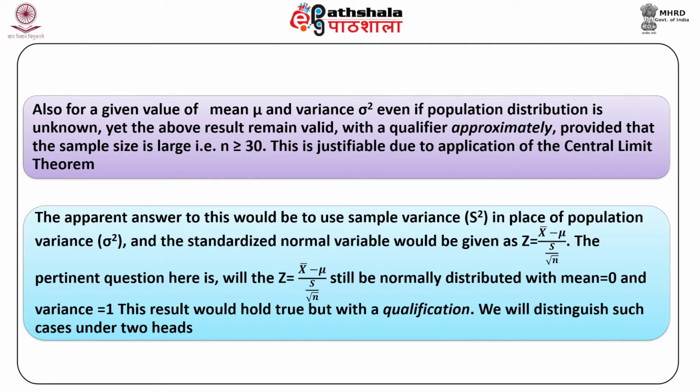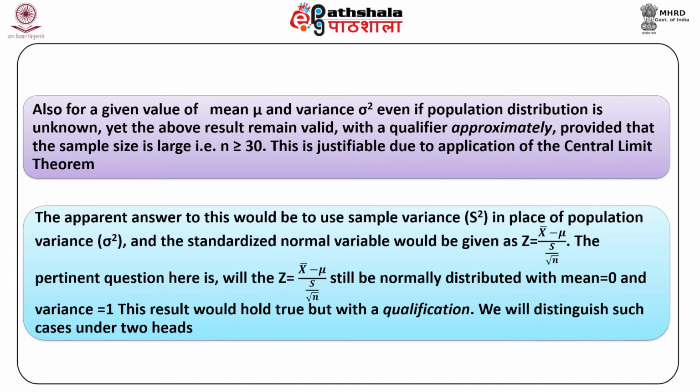The apparent answer would be to use the sample variance s square in place of the population variance sigma square, and the standardized normal variable would then be given as z equal to x bar minus mu upon s by root n. So we have replaced sigma by s because sigma, the population standard deviation, is not known, and therefore we estimate it from the sample.